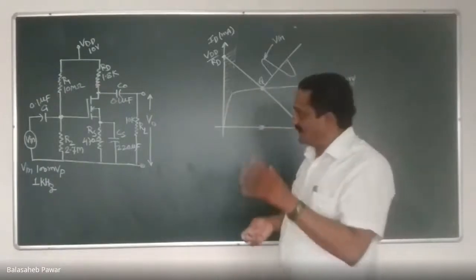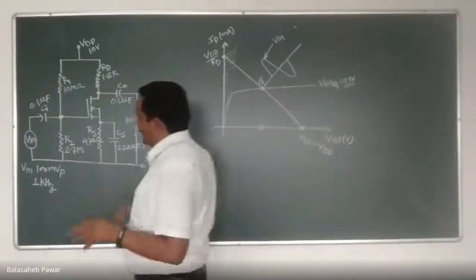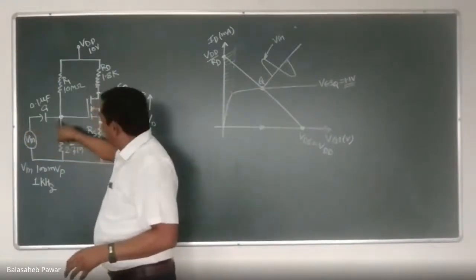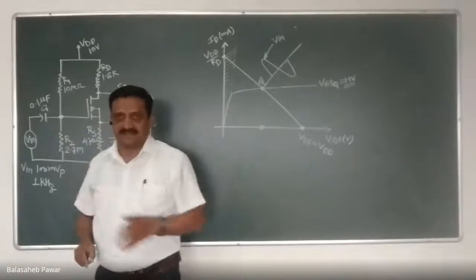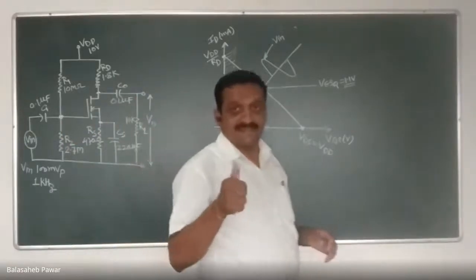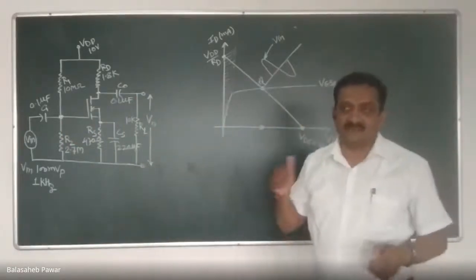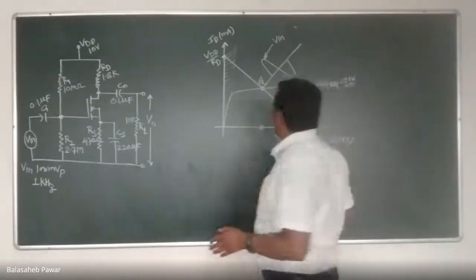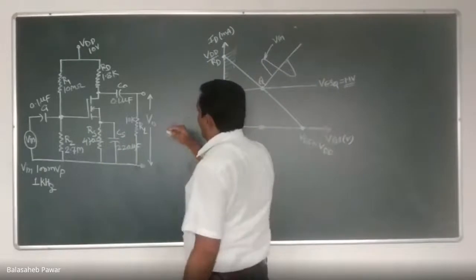So last time the conclusion was, by applying this time varying input voltage, the VG becomes time varying, but do not call it AC, remember, because that VG never goes to 0. Last time already I explained in detail, so we are not going to revise it again.